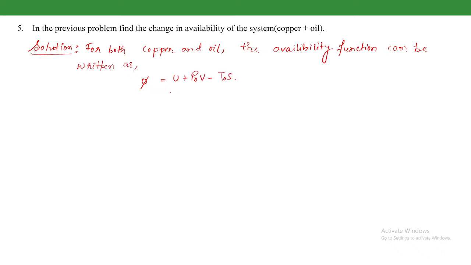This is basically the availability function of a closed system in which there is no flow.